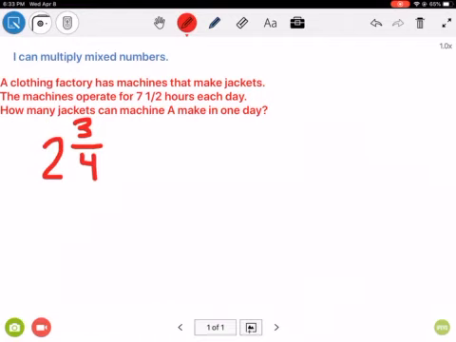So to solve this problem, I would have to do 2 3/4 jackets times the amount of hours the machine operates each day. So I would take 2 3/4 times 7 1/2.